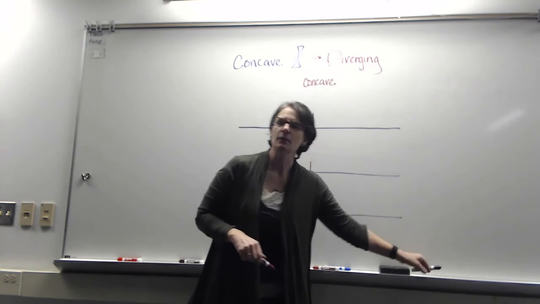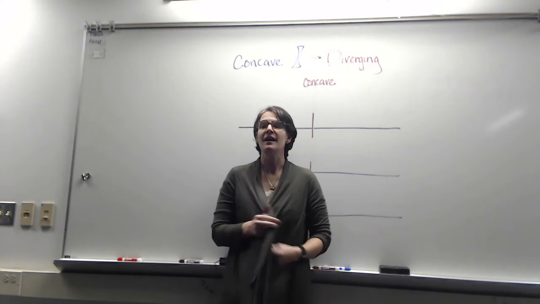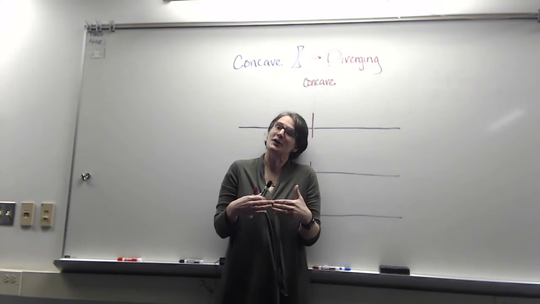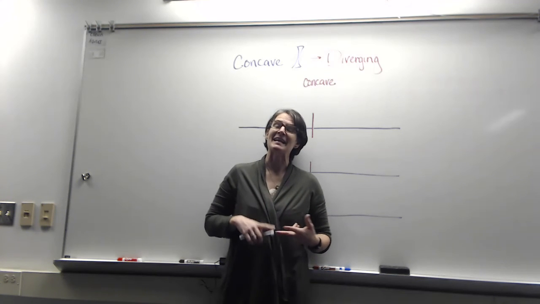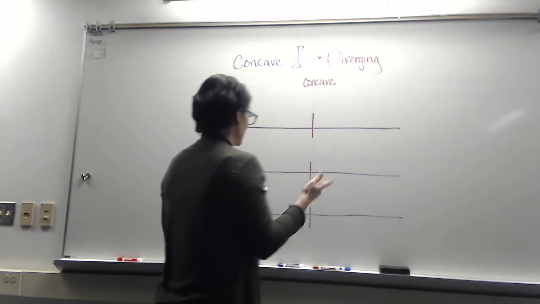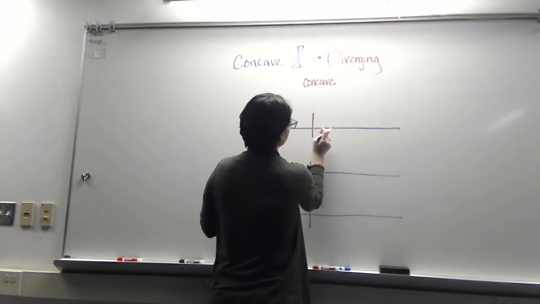It turns out that we do actually define a focal point of a concave lens. It's not where all the light rays converge, but it is a property of the curvature of the lens and the 2 mediums that the lens is in. So I'm going to put the focal point on here.